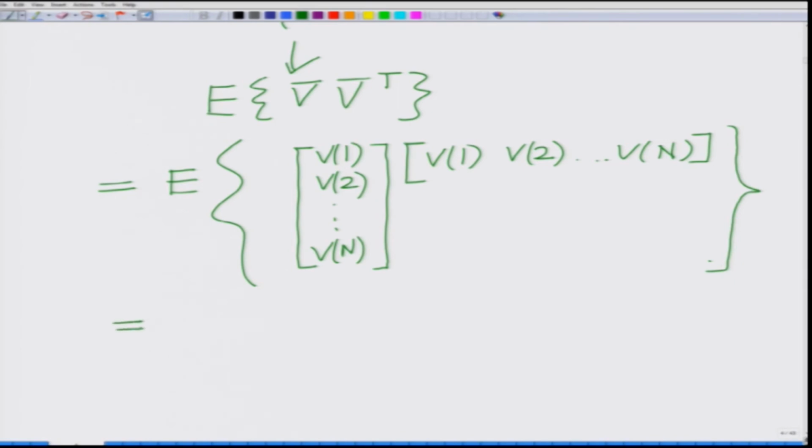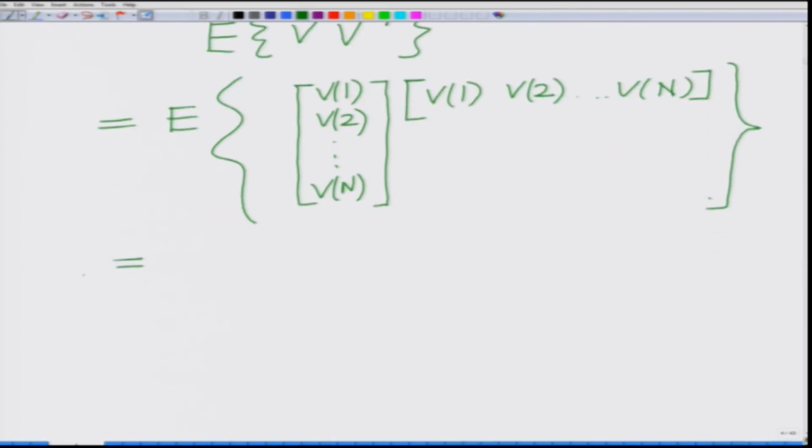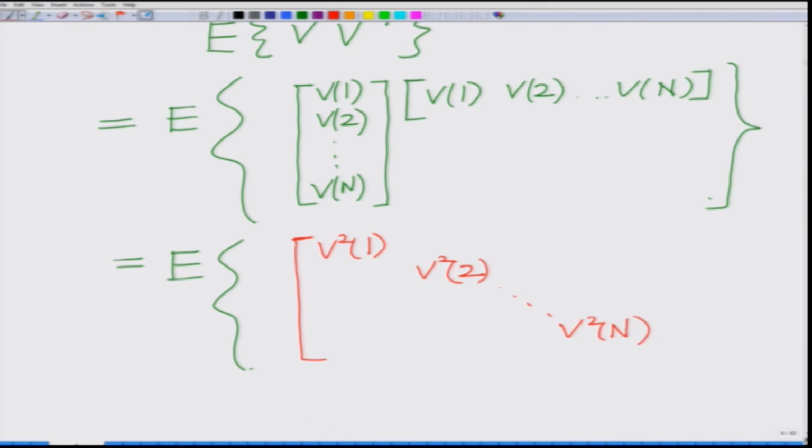Okay. Now, I can simplify this. If you multiply this column vector by row vector, you will get the expected value of V1 square on the diagonal, all the square elements V1 square, V2 square, and so on up to Vn square.